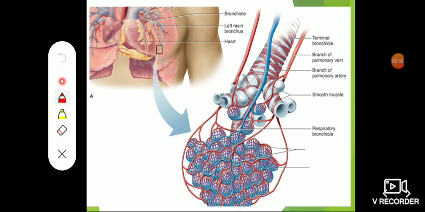These are the respiratory bronchioles, and the most basic unit of lungs, the alveoli. This is the principal site where gas exchange takes place. These are the capillaries, so these two are very important. Only here does gas exchange take place: oxygen is delivered from the capillaries to the alveoli, and from the alveoli CO2 is taken back to the capillary.